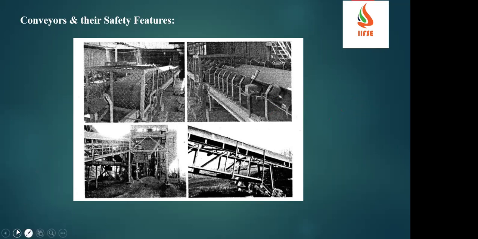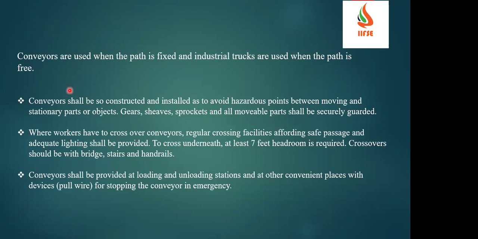Next, we'll see some of the safety aspects with respect to conveyor belts. Conveyors are used when the path is fixed, and industrial trucks are used when the path is free, which means the path is different or variable.